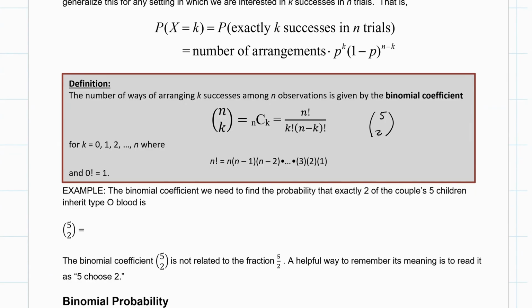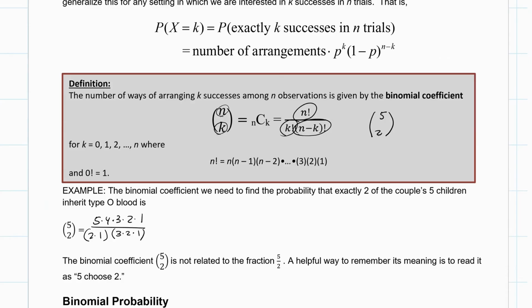This formula says that 5 choose 2 is 5 factorial, which is 5 times 4 times 3 times 2 times 1, divided by k, the bottom number, 2 factorial, and then n minus k factorial. Now, n is 5 and k is 2, so that's 3 factorial, 3 times 2 times 1.